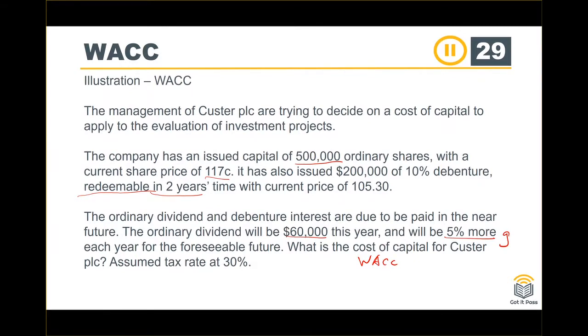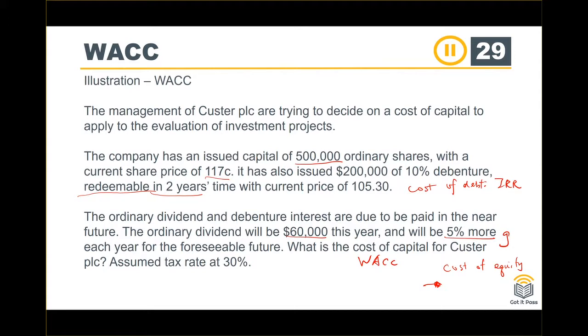So here, the cost of debt is found by IRR calculation. You find the IRR, then you can come to the cost of debt. For cost of equity, the information provided is about the dividend, the dividend growth rate, and also the current share price.